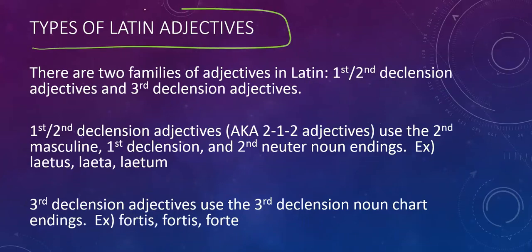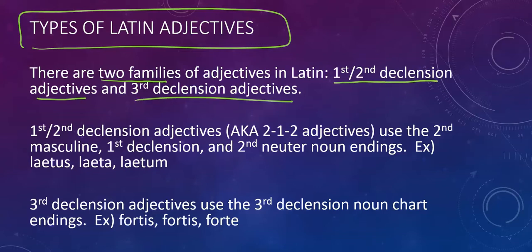In Latin, there are two types, or two families, of adjectives. There are adjectives that are first and second declension, and adjectives that are third declension. First and second declension adjectives are called 2-1-2 adjectives because they use the noun endings from second masculine, first feminine, and second neuter charts.